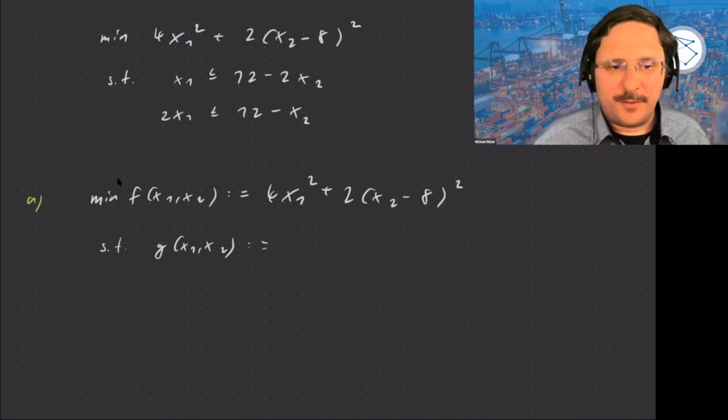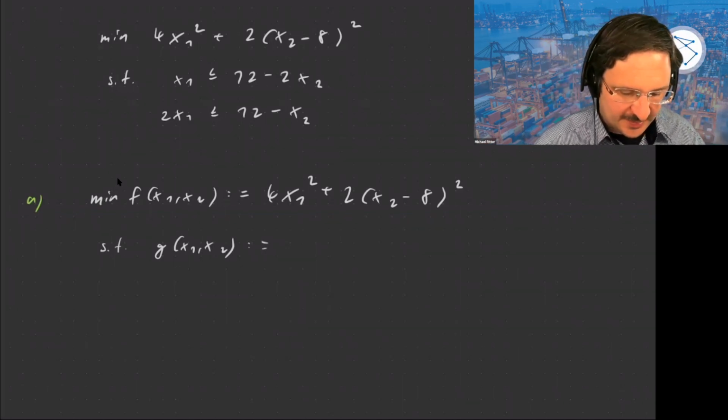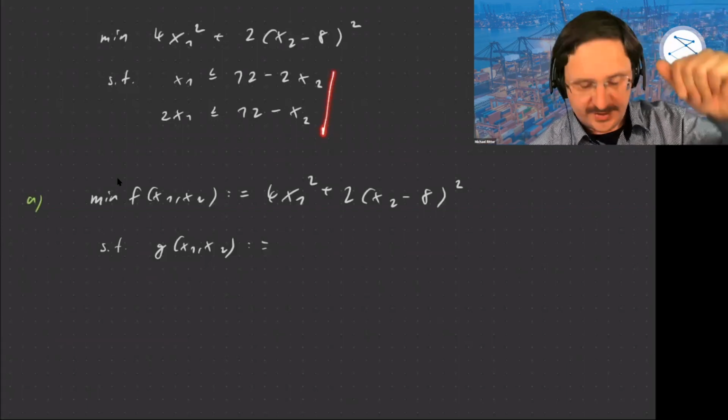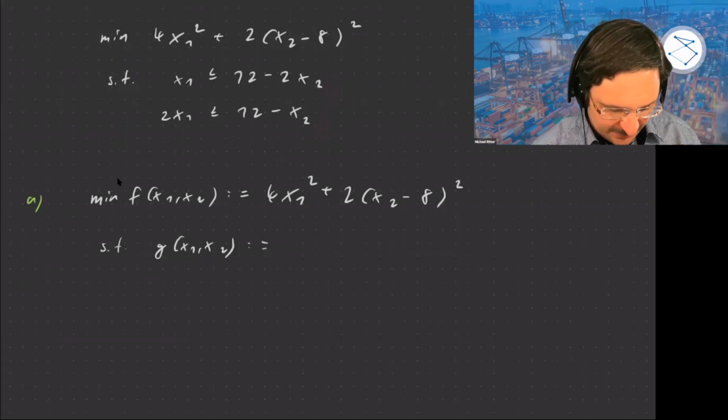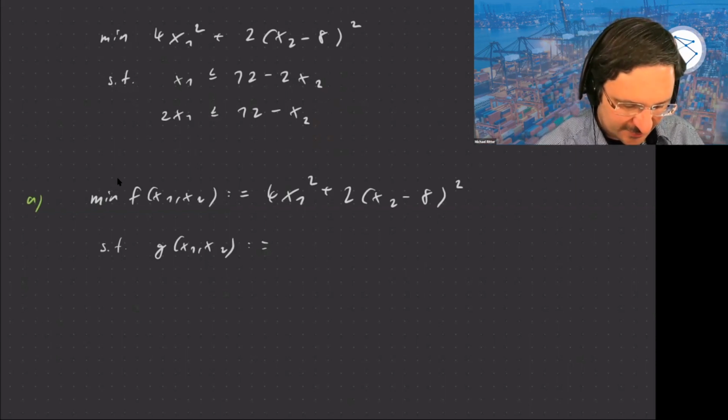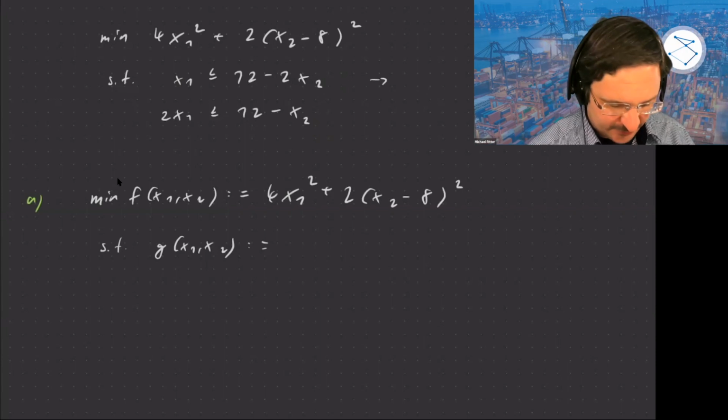And that function encompasses the constraints in its components. So we will have a function with 2 components, 1 per constraint. And we reformulate that in a way such that the constraints are written as less or equal to 0 constraints.